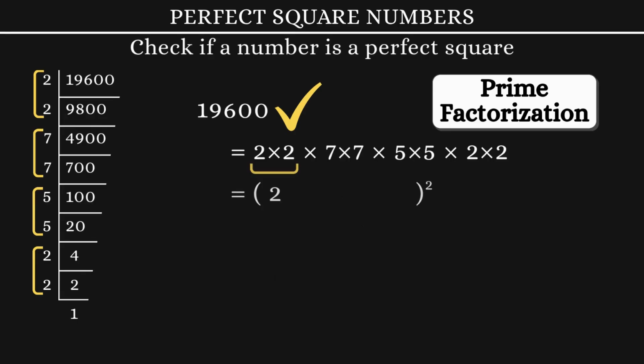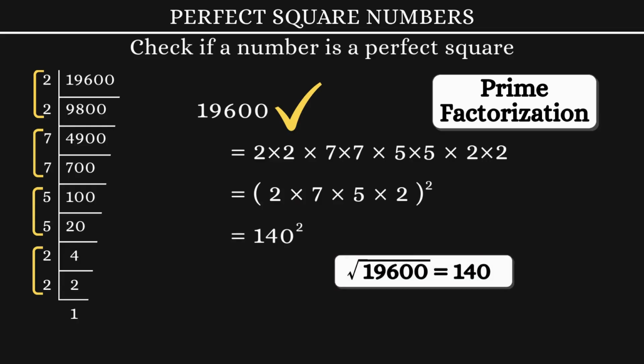So we have 2 into 7 into 5 into 2, which is 140. So we can say that 19,600 is 140 squared, or the square root of 19,600 is 140.